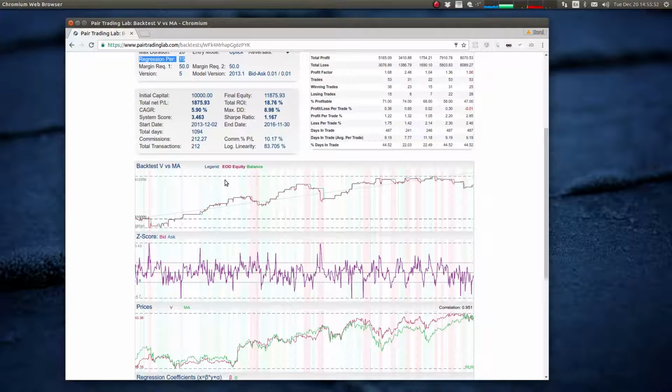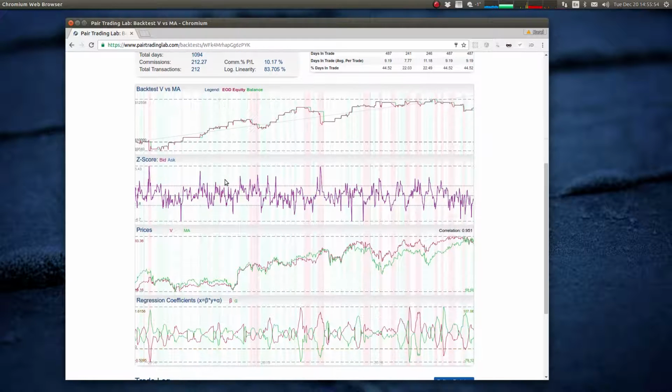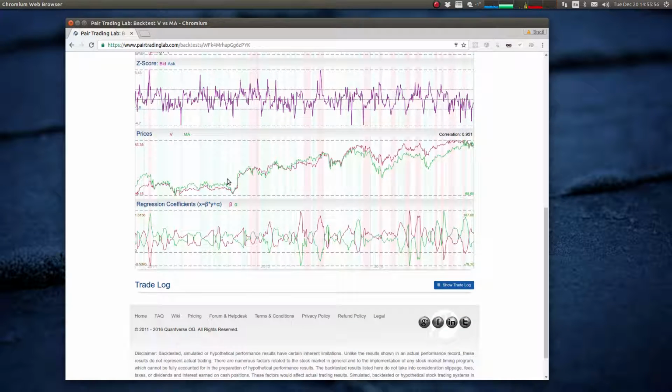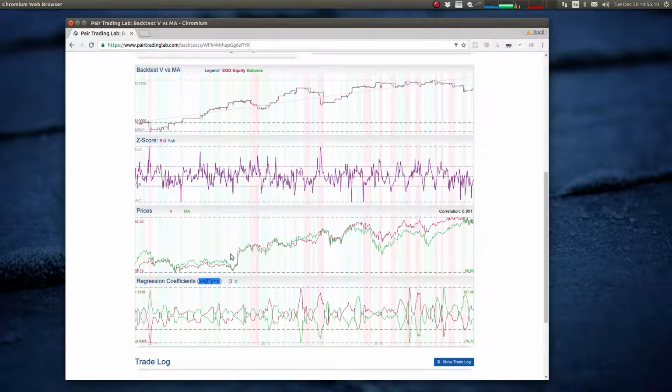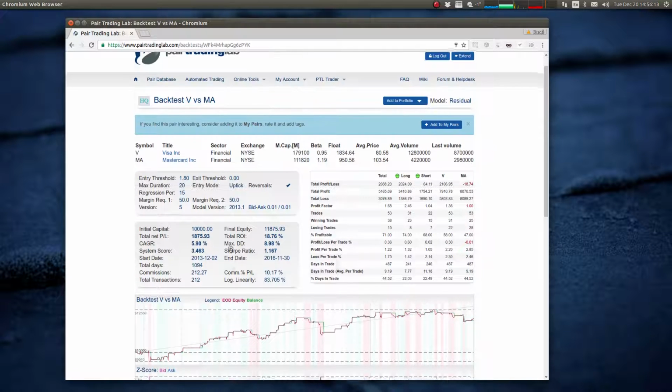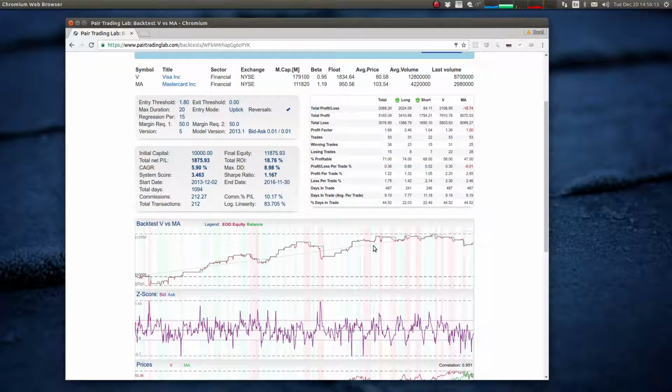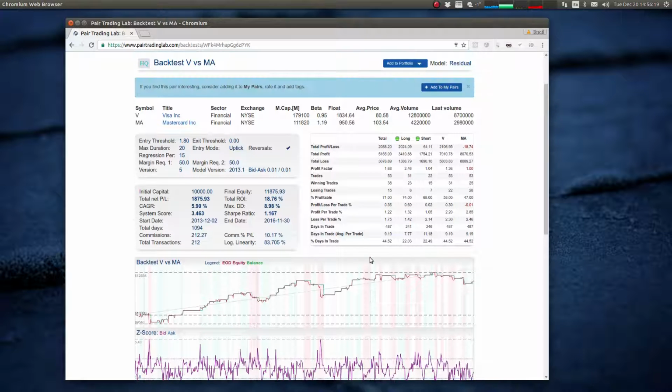Using this regression, it tries to figure out optimal regression coefficients, which determine the balance point of these two equities. You can see that this pair is mean reverting and it kind of works, but this is not really impressive performance.